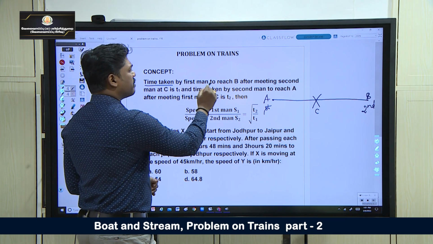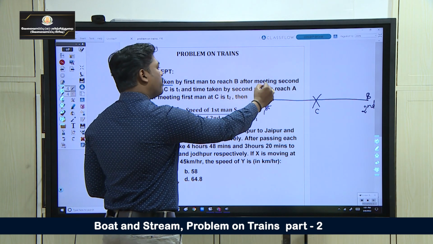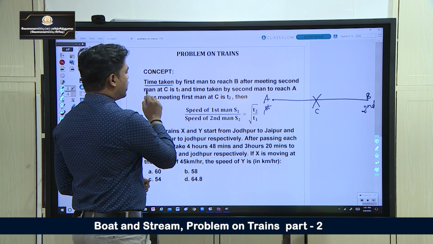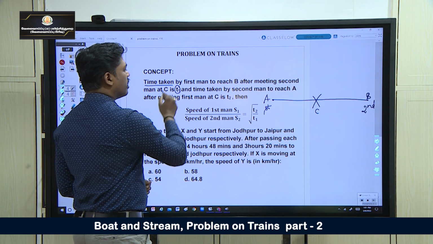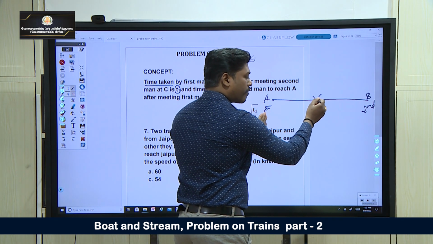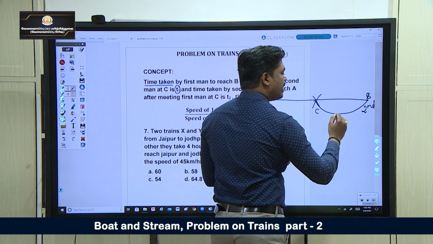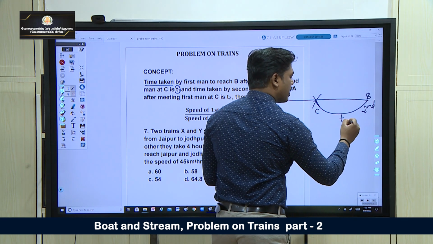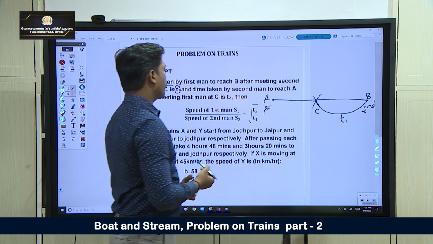Time taken by the first man to reach B after meeting the second man at C is T1, which means after meeting at C, from this point till he reaches B, the time is T1.